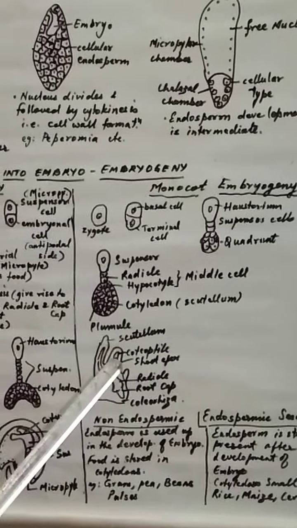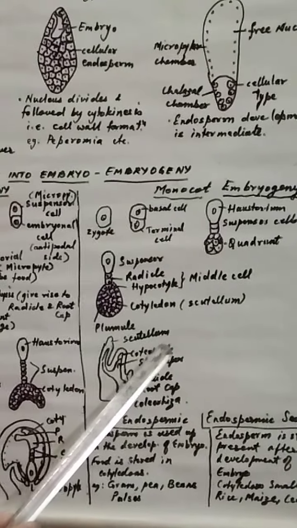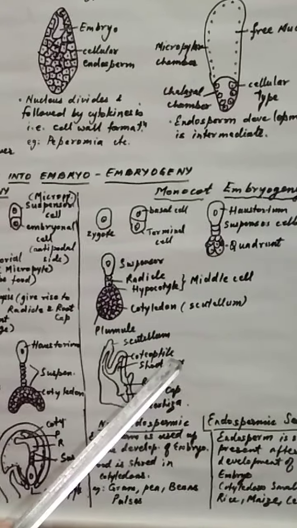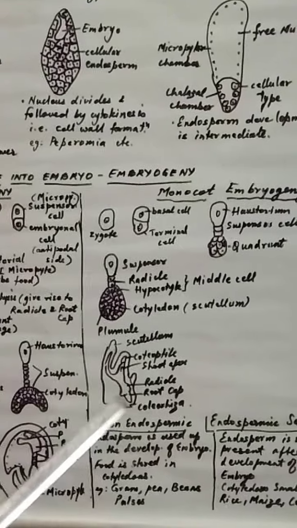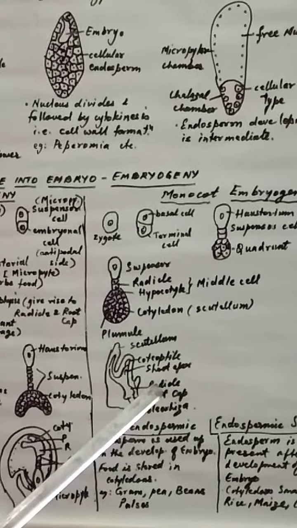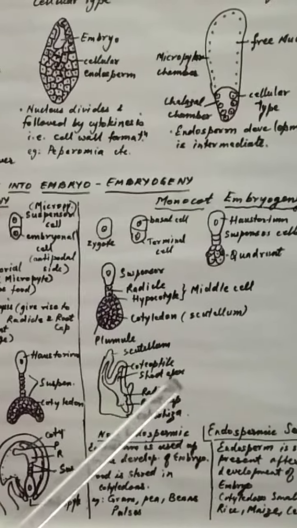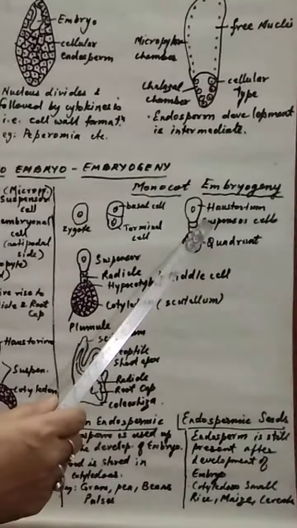Here you know that the coleoptile is a sheath-like structure under which shoot germinates, that is plumule, and at the bottom there is a sheath-like structure called coleorhiza under which radicle will develop. So these were the development of embryo in dicot seed and monocot seed.